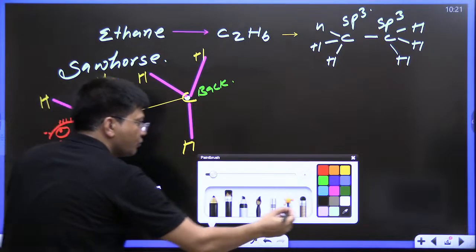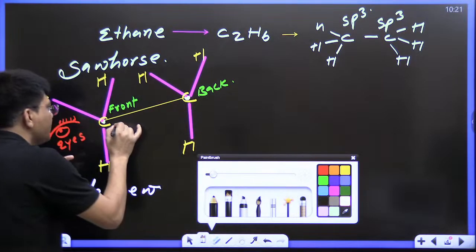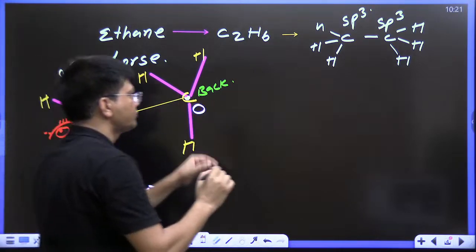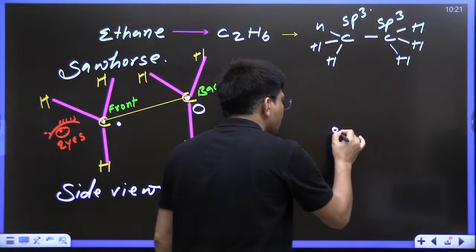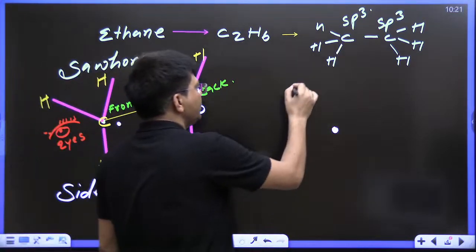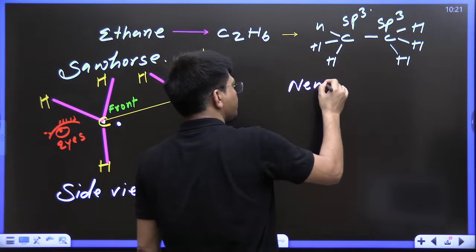So Newman is going to draw the front carbon with a dot and the back carbon with a circle. This is the front carbon according to Newman. Let me write down Newman's projection formula.